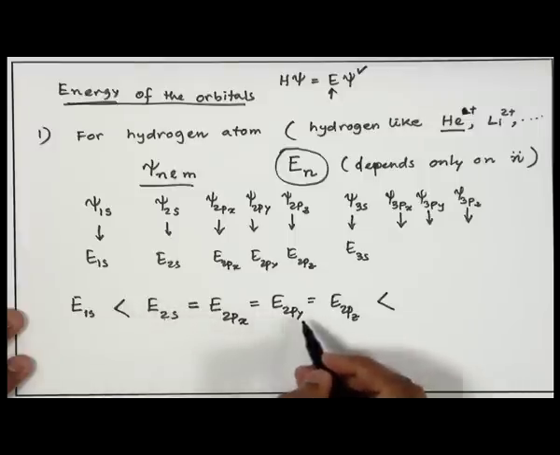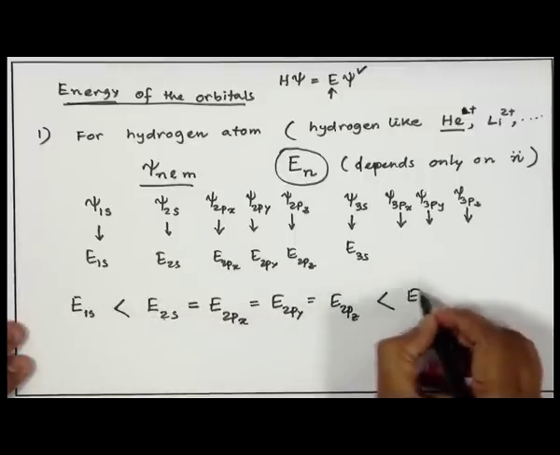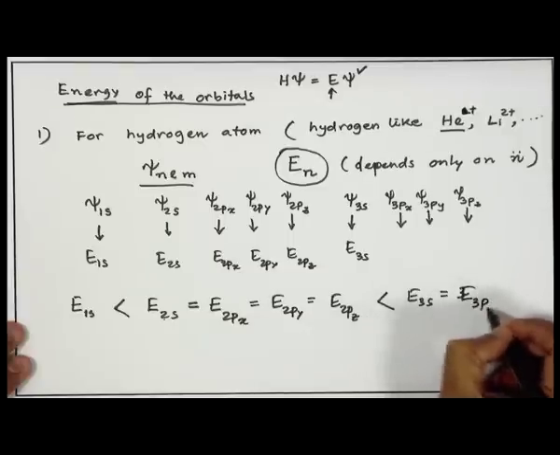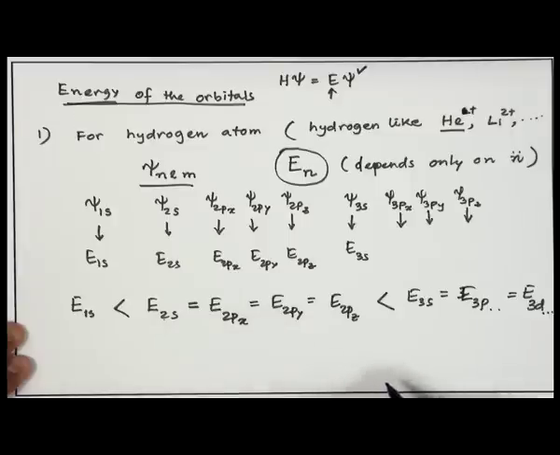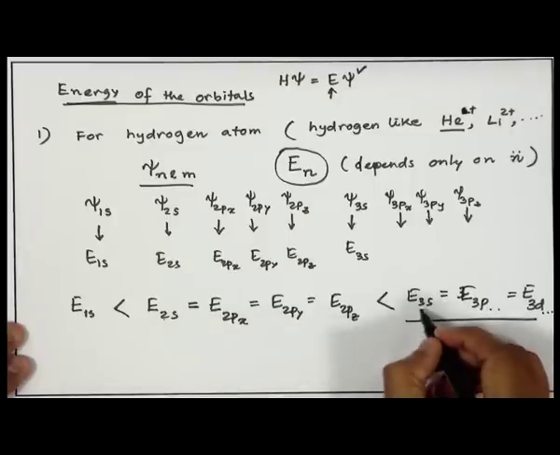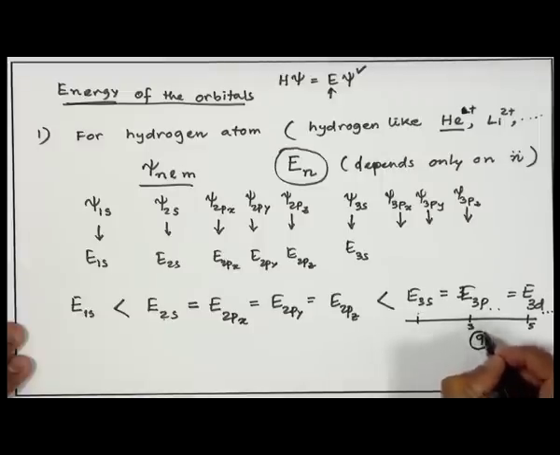All these 4 orbitals have the same principal quantum number n, and similarly E3s is again equivalent to E3p x, y, z, and it will also be similar to E3d xy, yz, zx, x square minus y square or z square. So, here you can see 1 orbital from 3s, 3 orbitals from 3p, 5 orbitals from 3d. So, total 9 orbitals have the same energy.